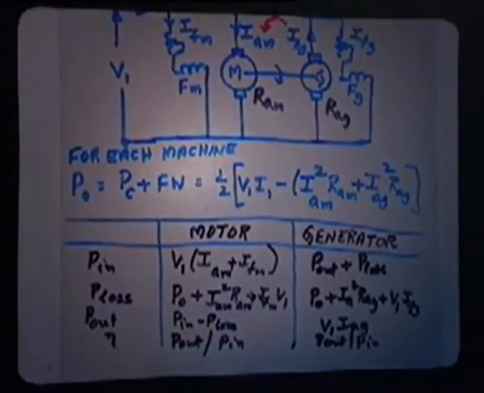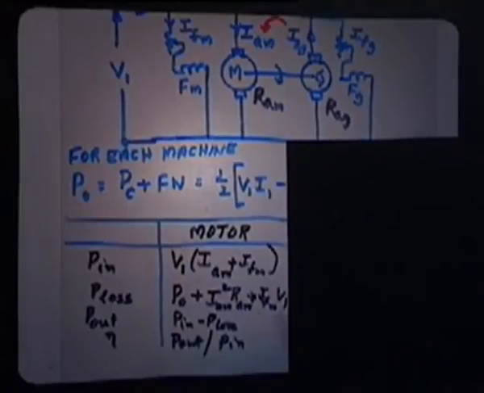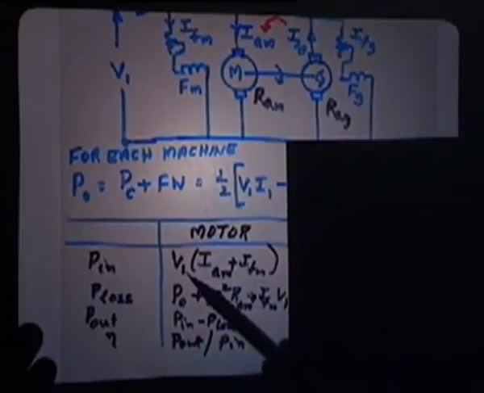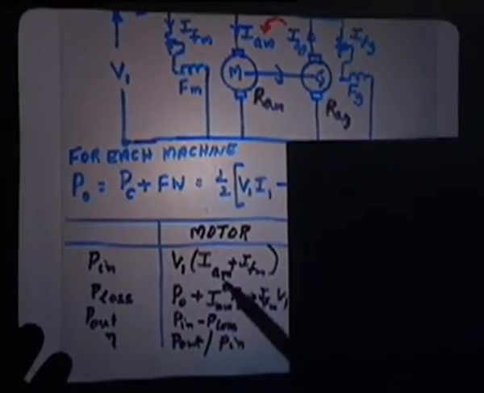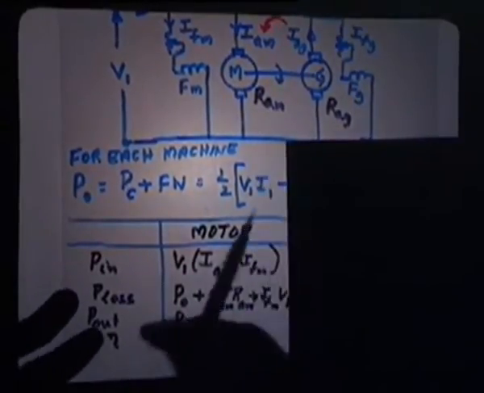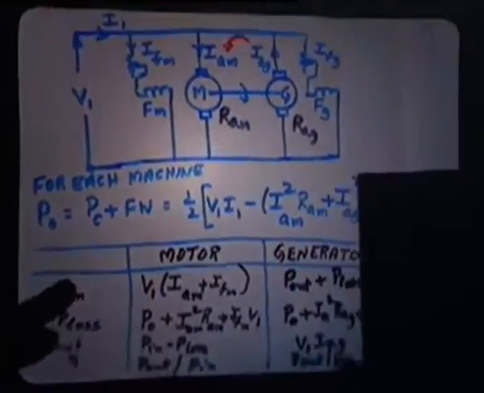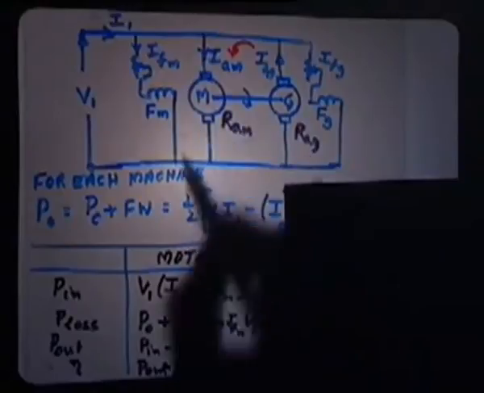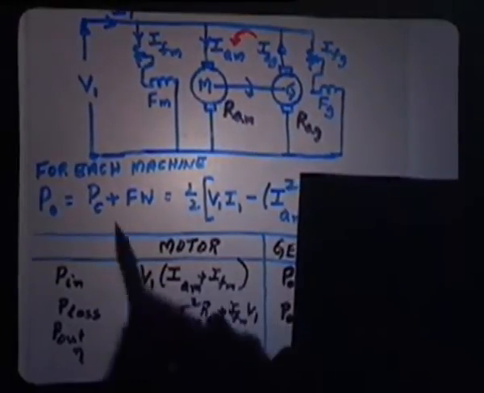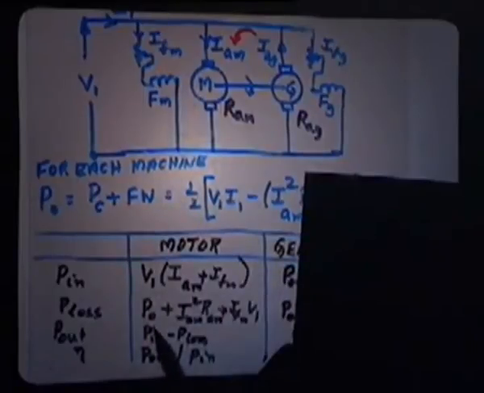So if it is a motor, we know the power input is the voltage V1 into IAM plus IFM. This will be the power that goes into the motor, where V1 is the voltage here. Then the loss in the system will be P naught, that is the fixed loss, plus IAM square RAM plus the loss here.